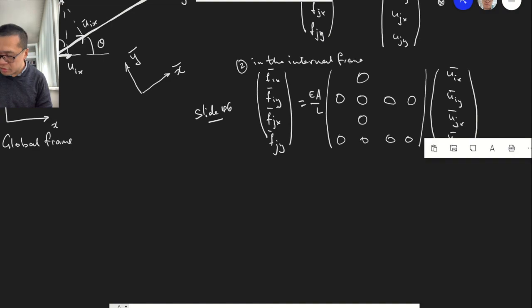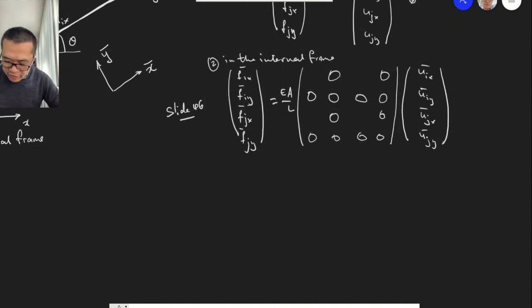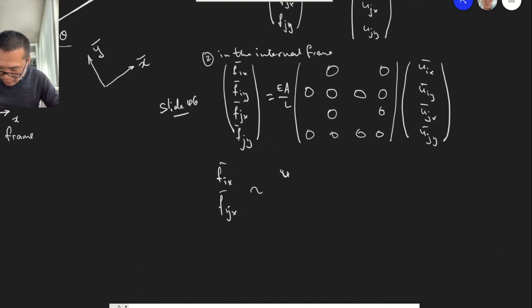And in the end, what we have left is basically what happened with Fi bar x and Fj bar x related to UIx bar and UJx bar.